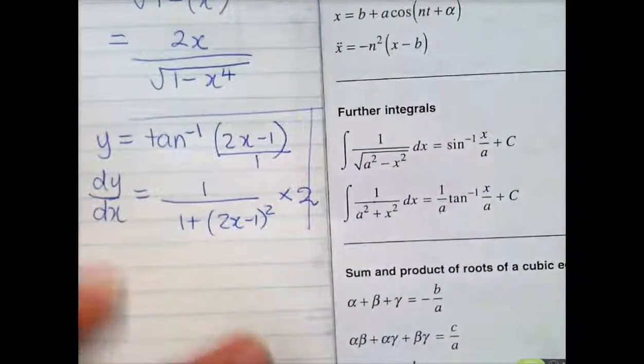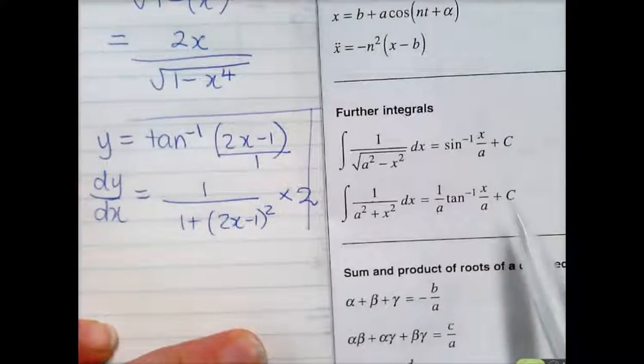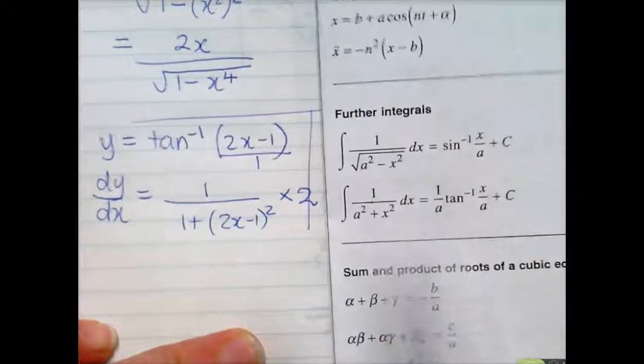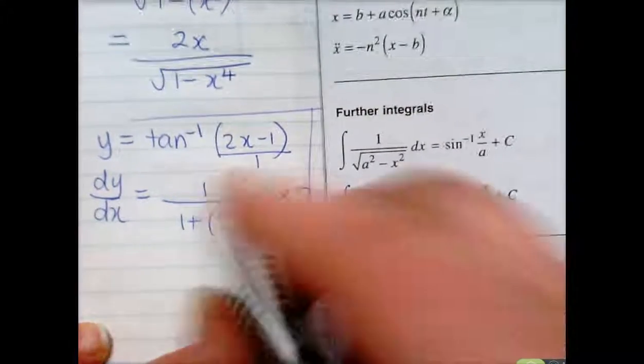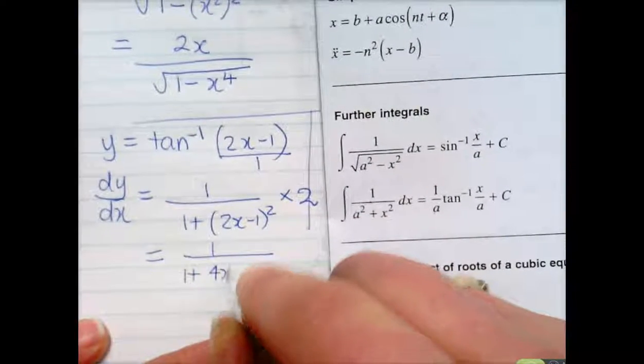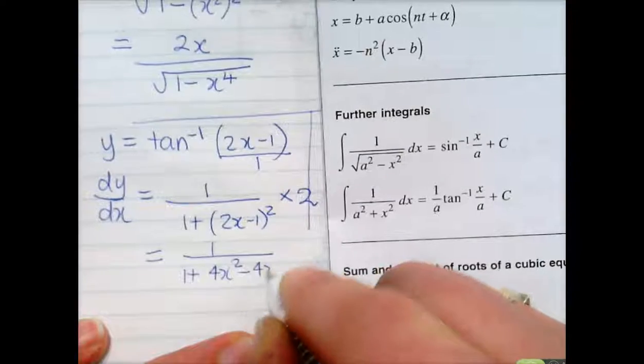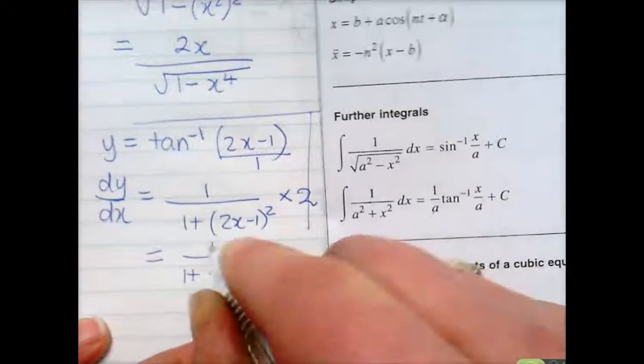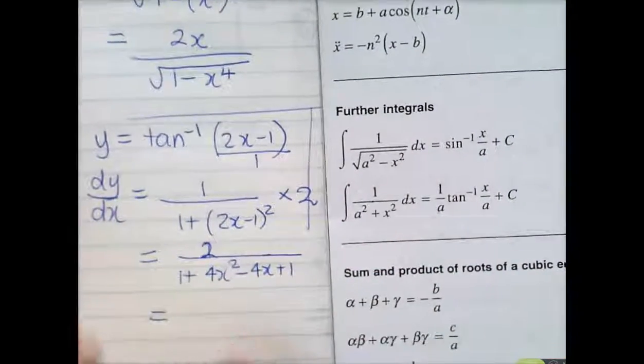Much easier. So girls, we're going to consider that A is 1. So it's 1 over 1 plus 4x squared minus 4x plus 1. And then we've got a 2 on the numerator.